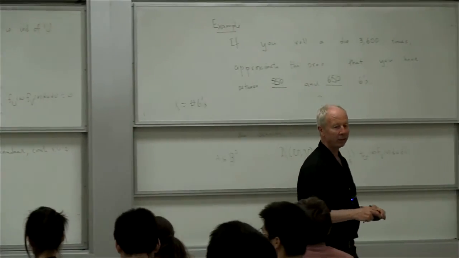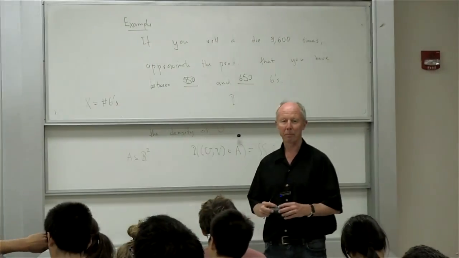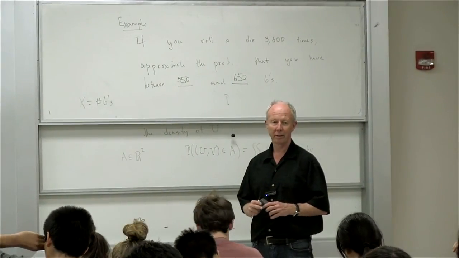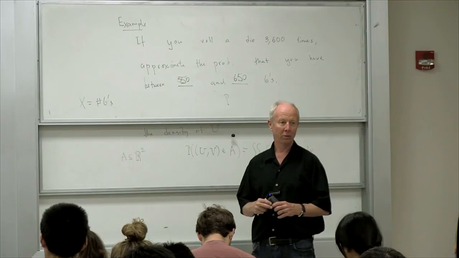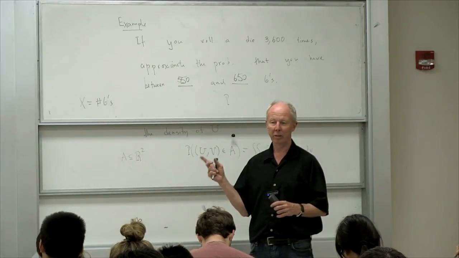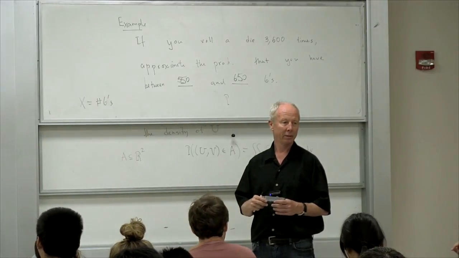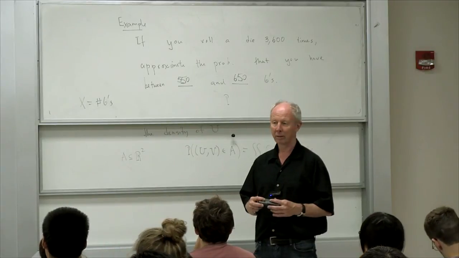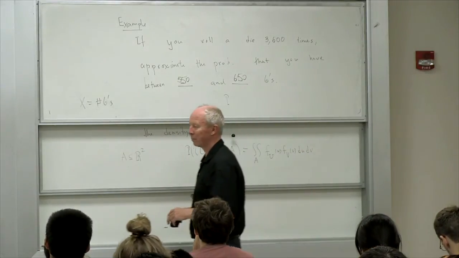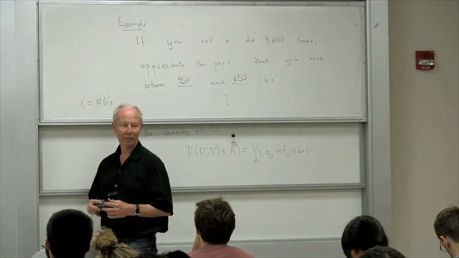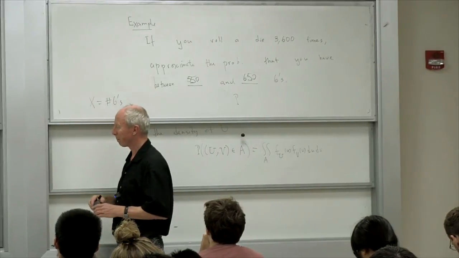What's the difference between U and V, statistically speaking? Nothing. They're the same, right? So these two should be the same because U and V have the same distribution. I could relabel them. So we get that.